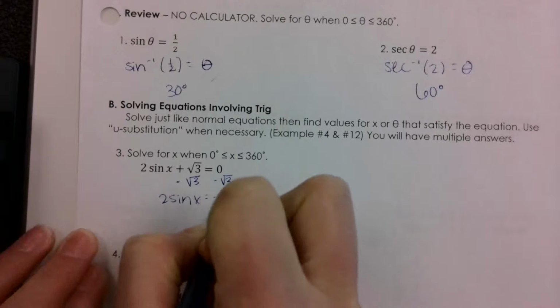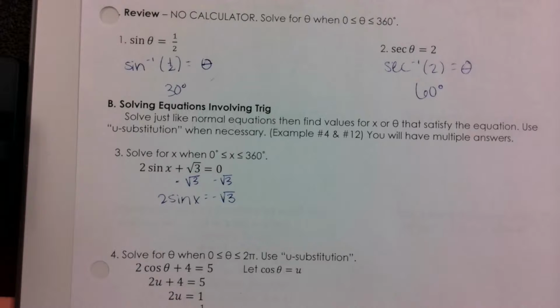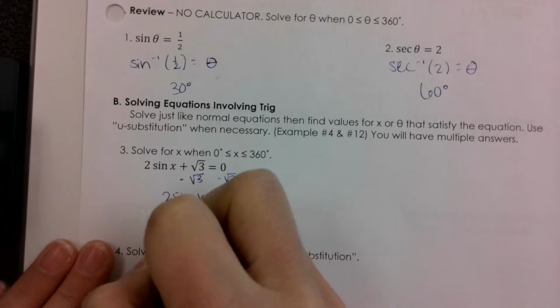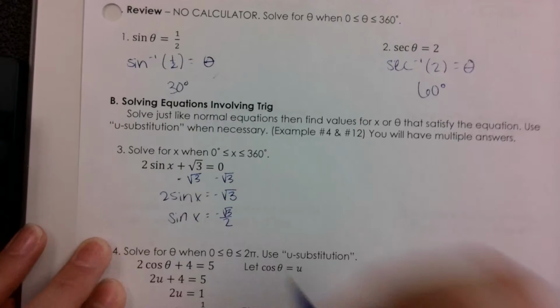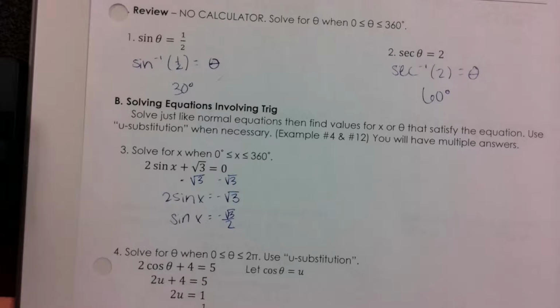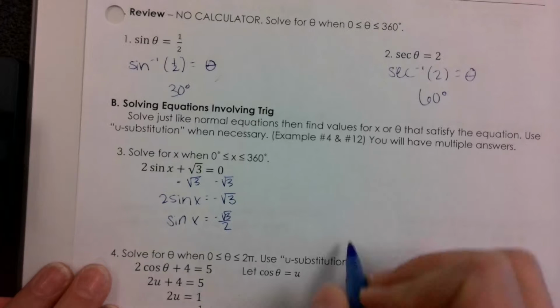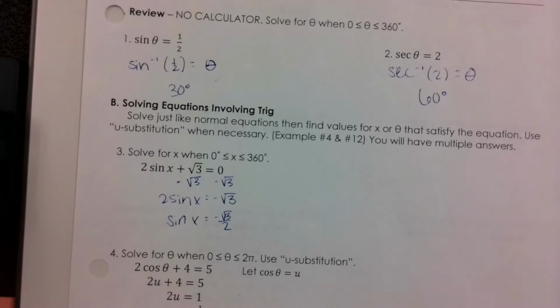Then what do we do? Divide by 2. So sine of x equals negative root 3 over 2. And at what angle does that happen? 4 pi over 3, 5 pi over 3. Is that correct? Yeah. And that's in degrees, so we'll say 240 and 300.